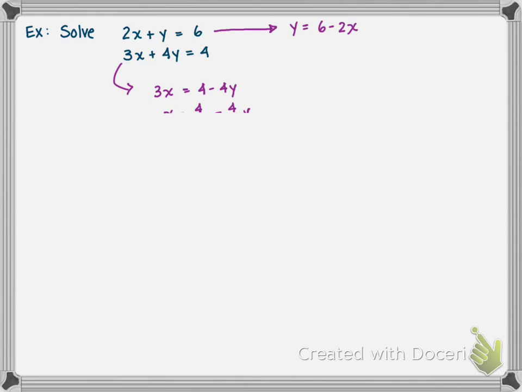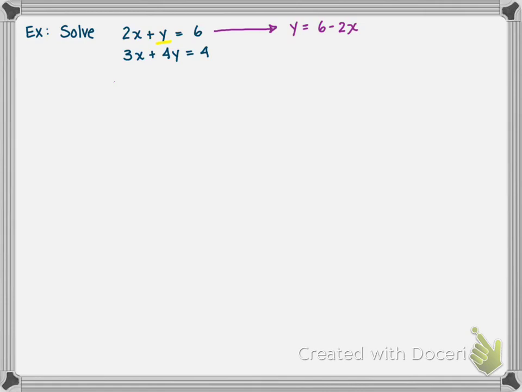So we're trying to make our life as easy as possible, and so we look for that variable that has a coefficient of 1 because it's easiest to solve for. So now we know that y is equal to 6 minus 2x, and in my second equation, anywhere I see a y, I can replace it with 6 minus 2x.